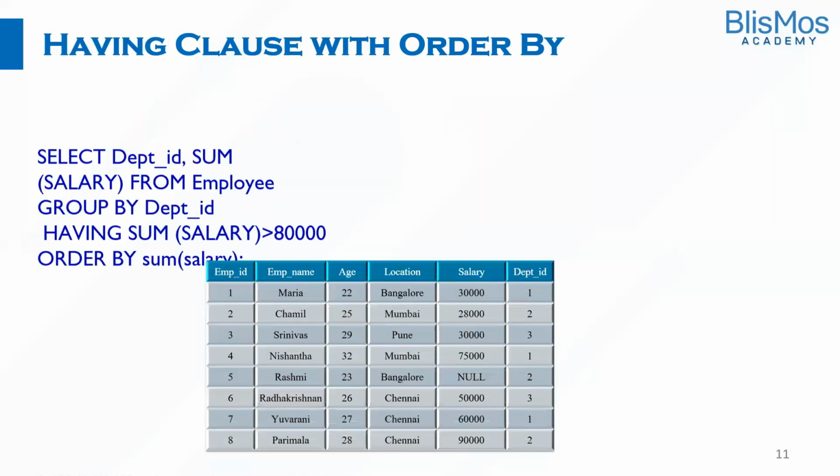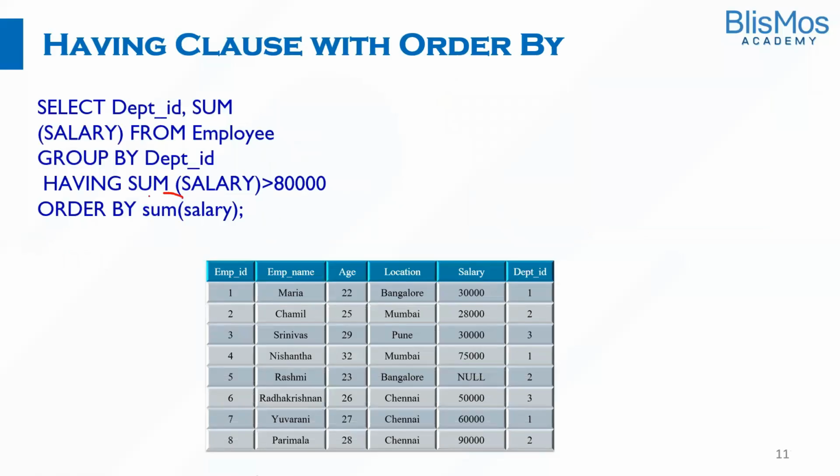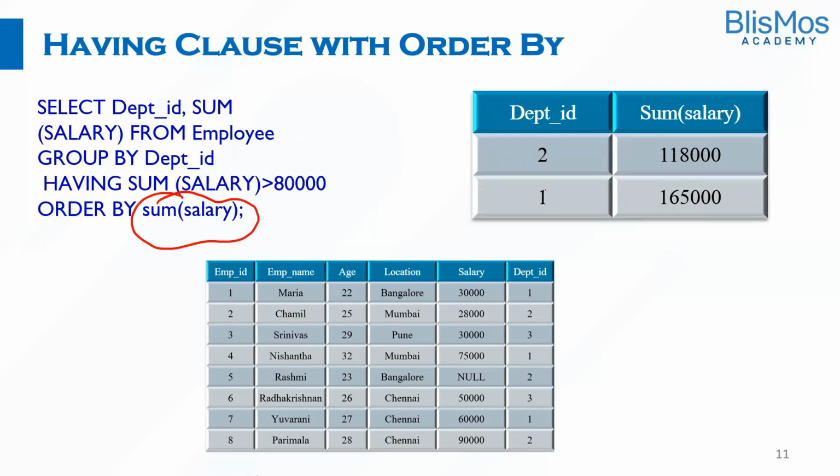Just to take one more example, instead of ordering by department ID, we can order by SUM of salary. If you see, the order will change now. Since we are saying ORDER BY sum of the salary, 1,18,000 will be listed first, followed by 1,65,000, because we are ordering by this particular column.